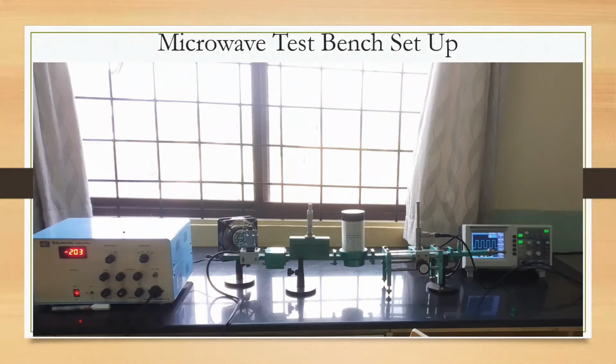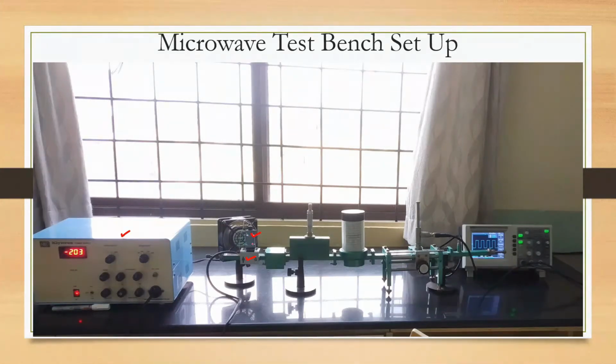So let me first introduce the different equipment we have in this test bench. First one is the klystron power supply, reflex klystron power supply. This setup is our test bench, where this one is the klystron mount, whereas this is the reflex klystron generator.